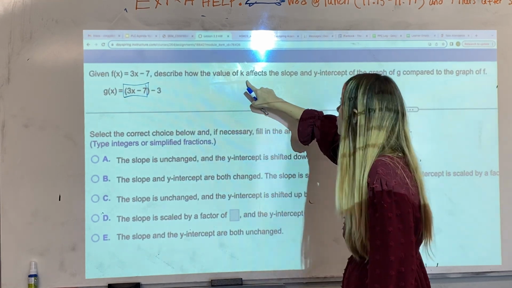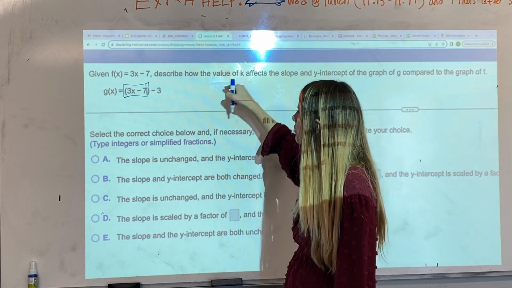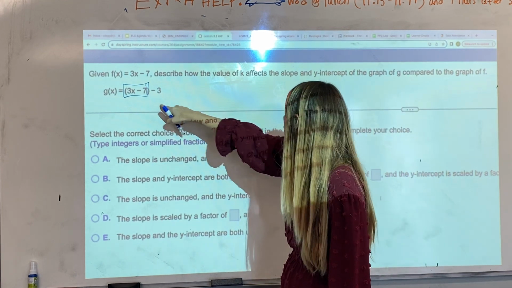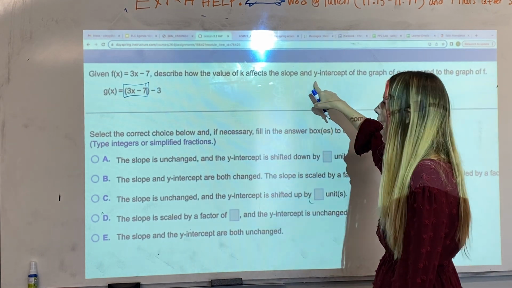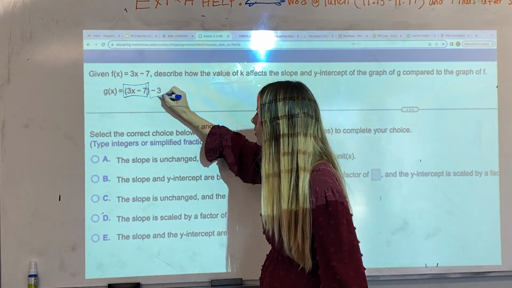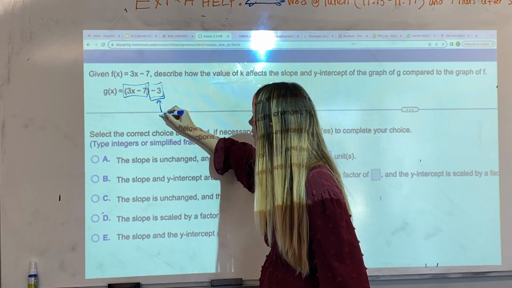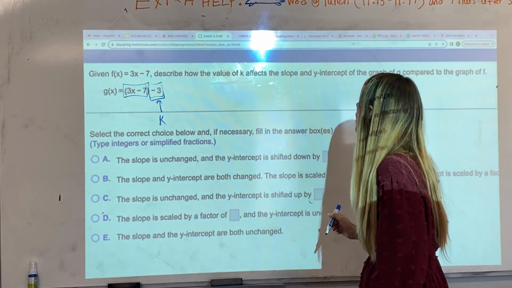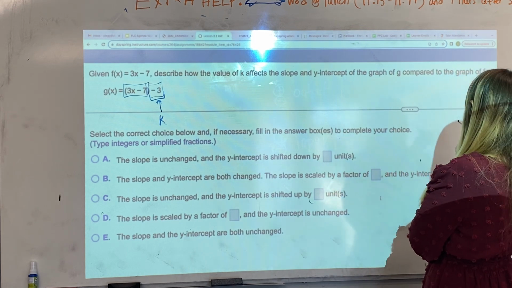Describe how the value of k, which is our constant, our negative 3, affects the slope. Wait, it's not negative. Yes, it's minus 3. Oh, I thought you were talking about the 3 in the parentheses. No, this is k, that's the constant. How does it affect the slope and the y-intercept compared to the graph?